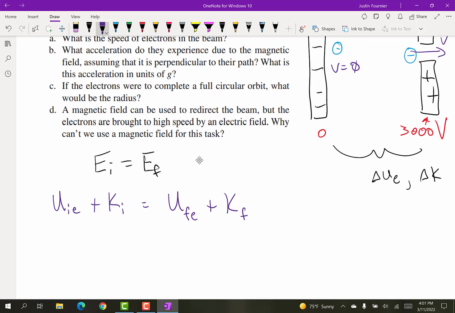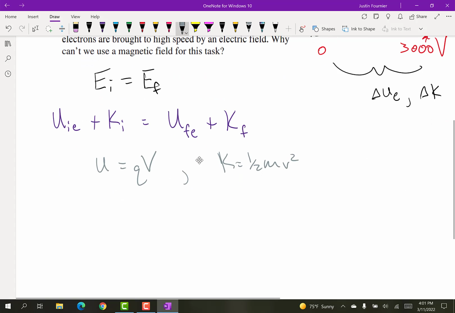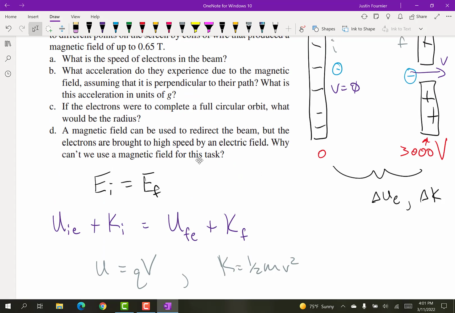All right. So potential energy from my equation sheet is equal to Q times the voltage, where kinetic energy, hopefully we got that, is 1/2 mv squared. So voltage, going to make that big. However, the voltage here is 0.